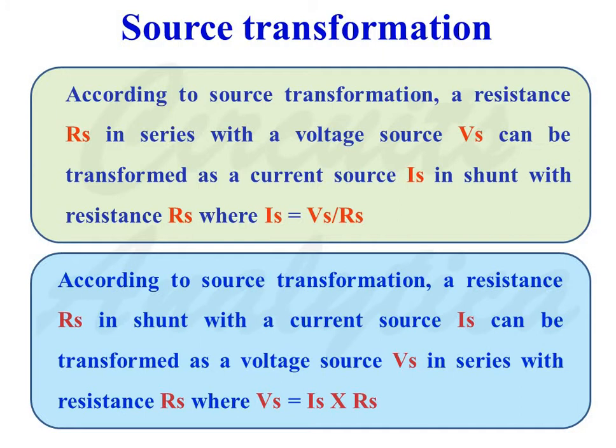According to source transformation, a resistance Rs in series with a voltage source Vs can be transformed as a current source Is in shunt with resistance Rs, where Is is equal to Vs divided by Rs.